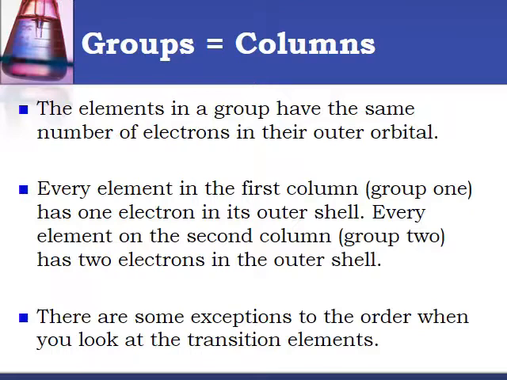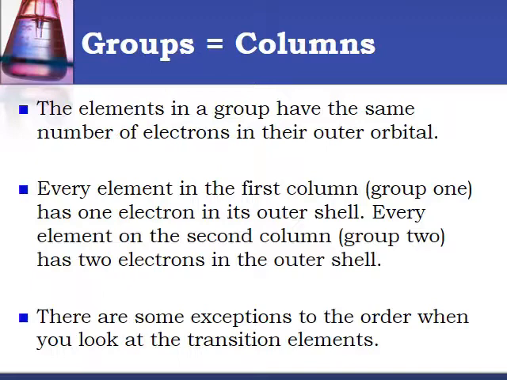So every element in the first column, which is group 1, that includes the alkali metals and hydrogen, has 1 electron in its outer shell. Every element in the second column, which is group 2, has 2 electrons in its outer shell.